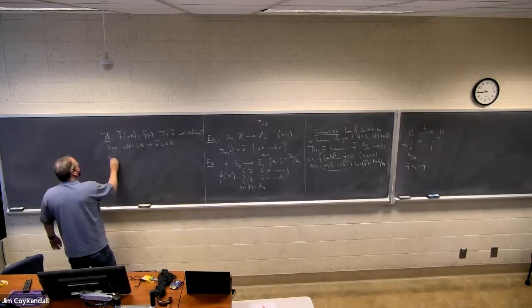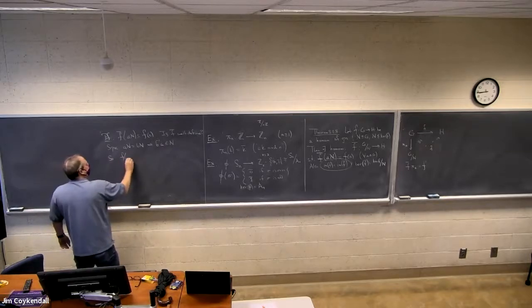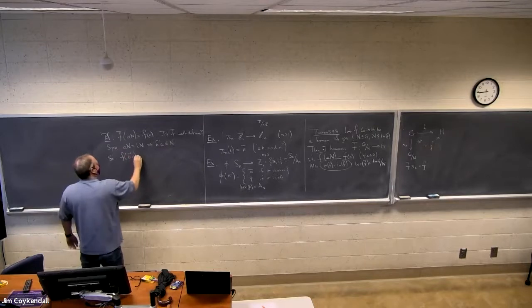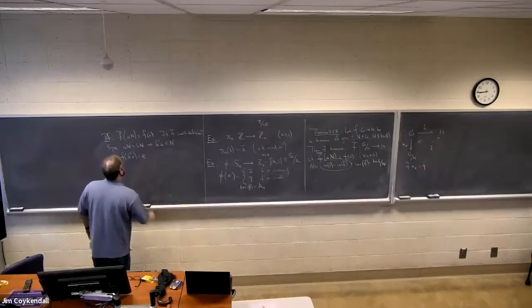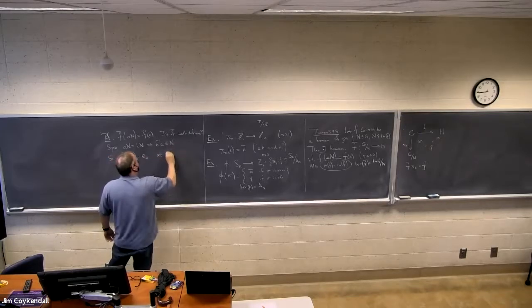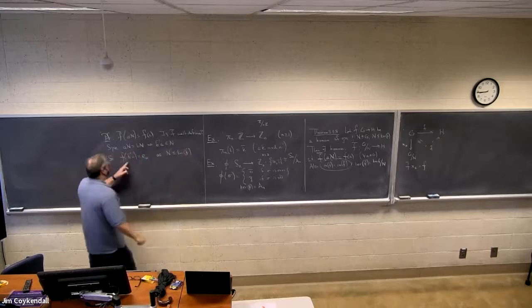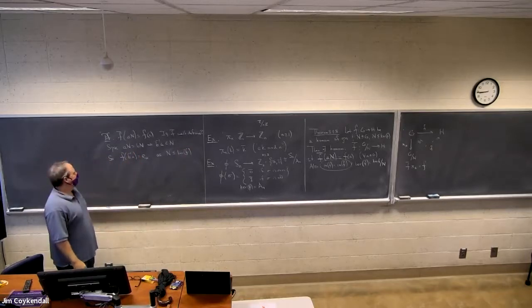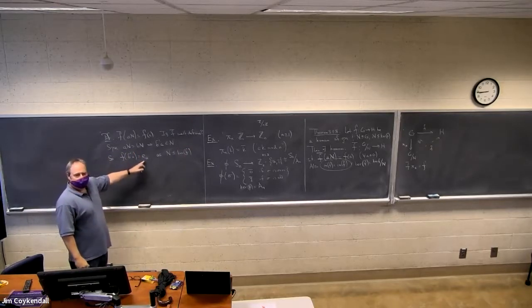So F of B inverse A must be the identity, right?